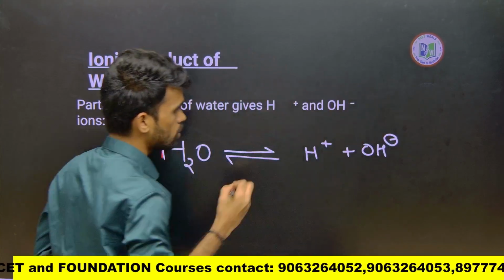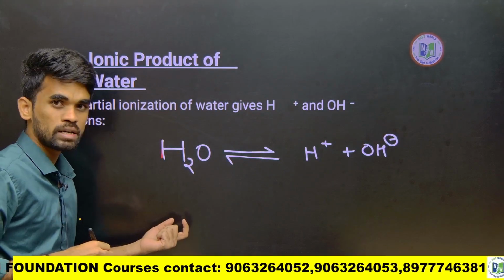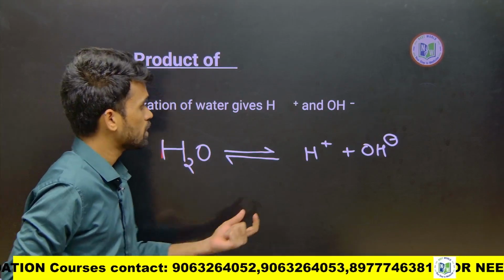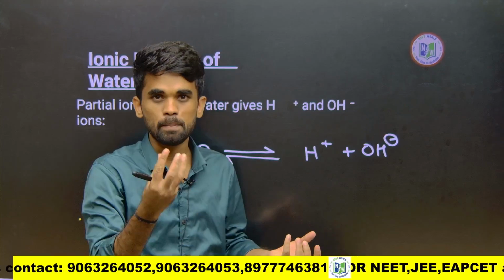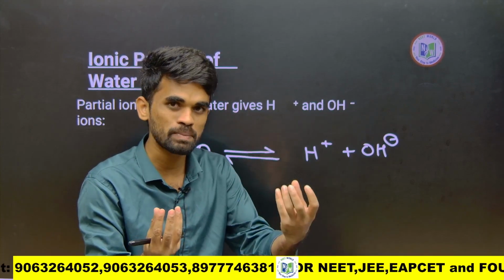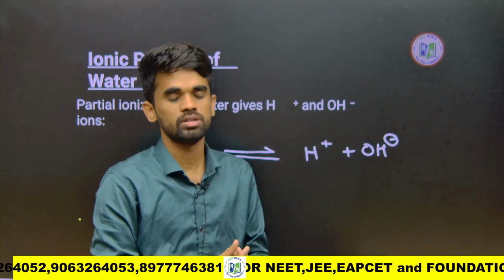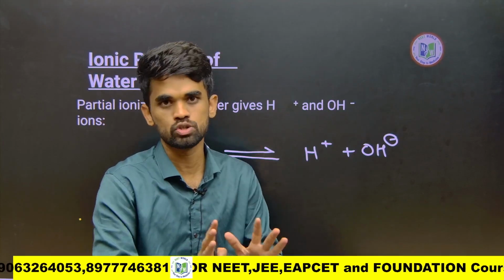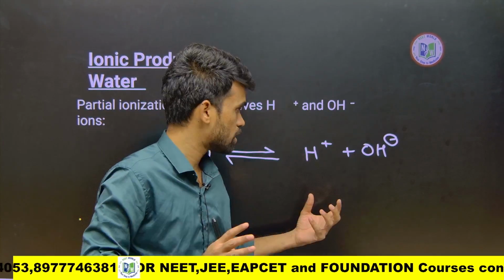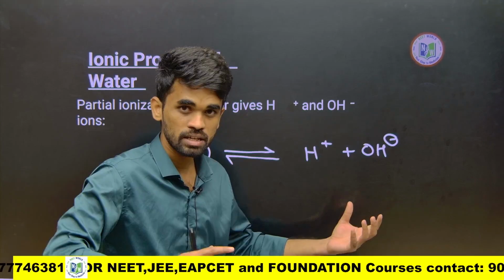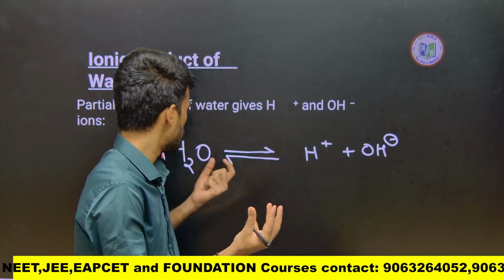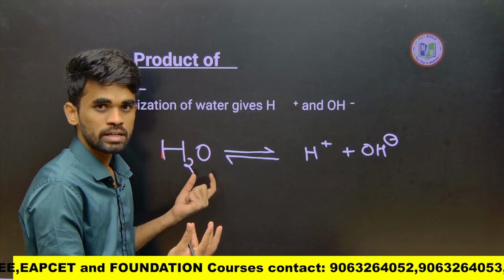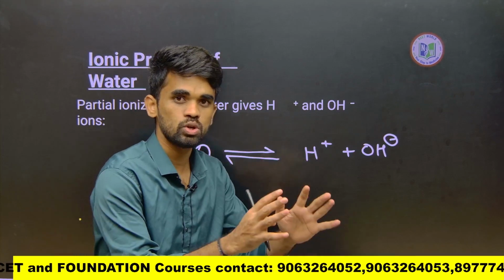Now when one molecule of water dissociates, we get one H plus ion and one OH minus ion. The number of H plus and OH minus ions are equal in amount. Therefore, the overall solution will be neutral. Even though it is undergoing dissociation, the number of H plus and OH minus ions liberated from one molecule of water is equal. Therefore, the overall solution will be neutral.